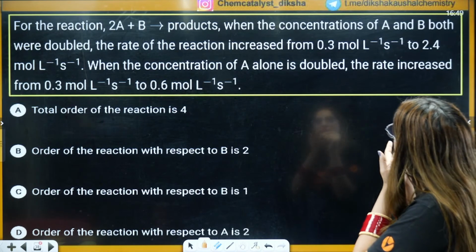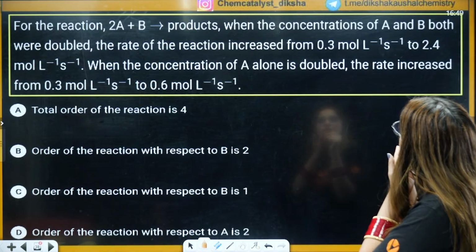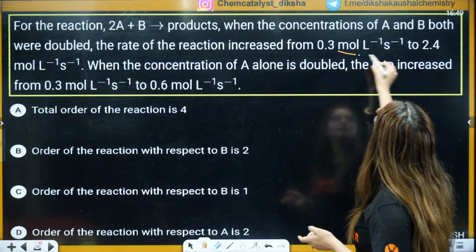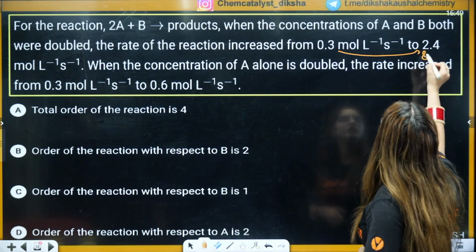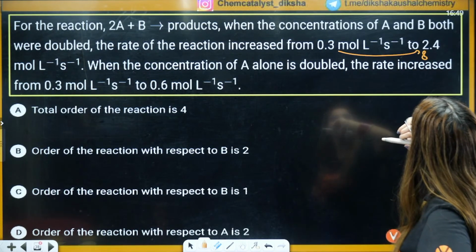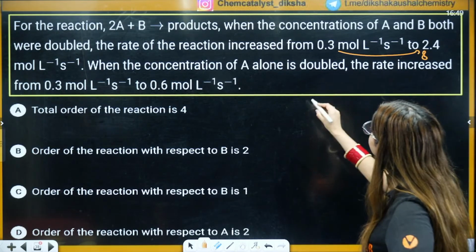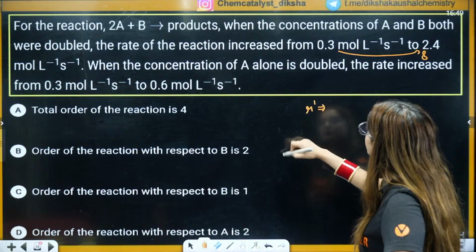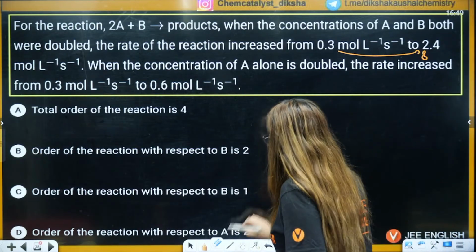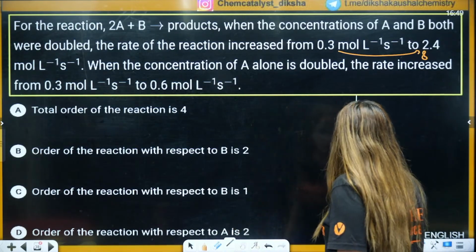So that means it is increasing 8 times. That means rate is increasing 8 times. This is what I am talking about with respect to A. Here is how you need to solve it.